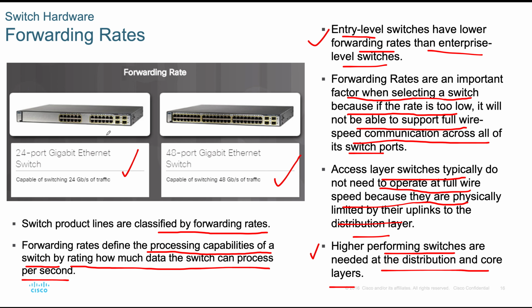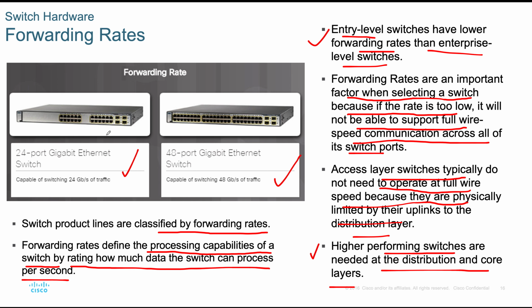Now let's move on quickly to forwarding rates. Let's take the switch hardware. One of the jobs the switch does is to forward data packets. When they receive them from a router, they forward them to the destination. So the forwarding rate is something to look at.